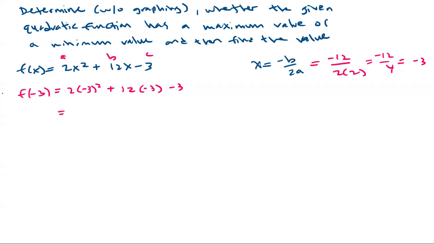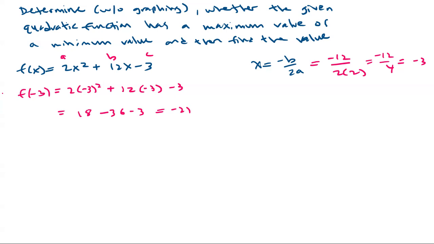This gives us 9 times 2 is 18, then minus 36, and then negative 3. So in the end, when we compute that, that gives us negative 21.